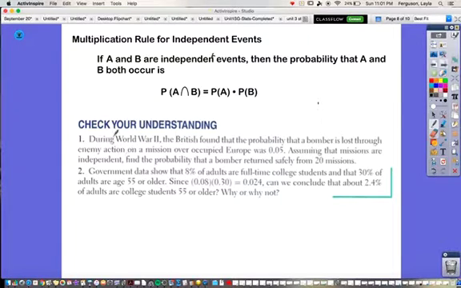So for number 1, it says, during World War II, the British found that the probability that a bomber is lost to enemy action on a mission over occupied Europe was 0.05. Assuming that missions are independent, find the probability that a bomber returned safely from 20 missions.